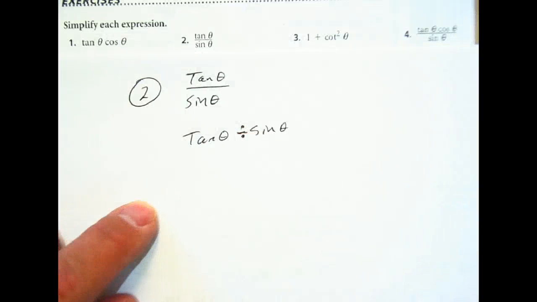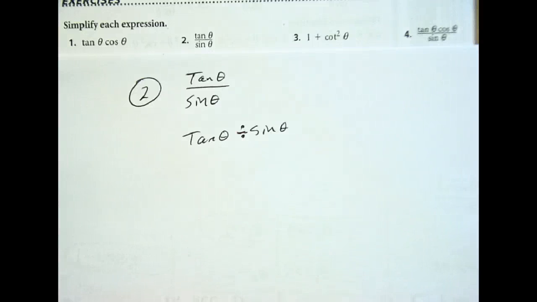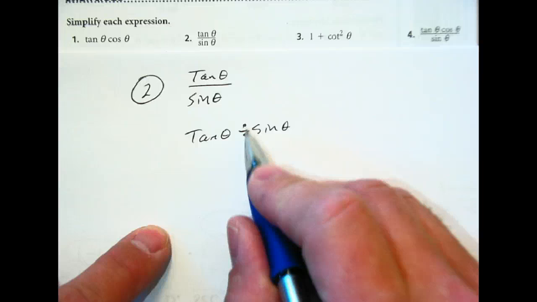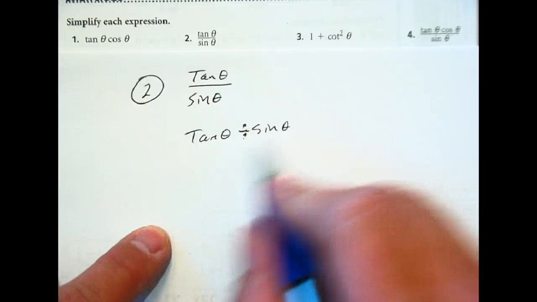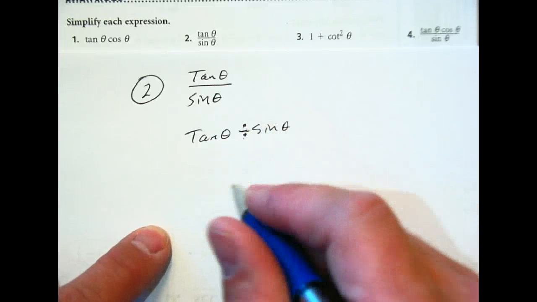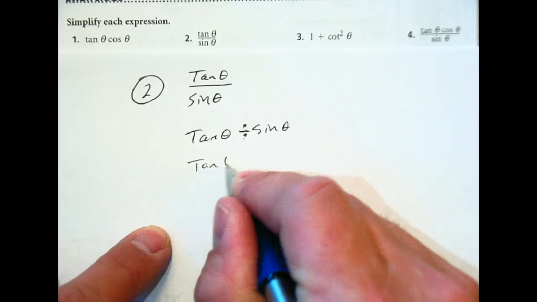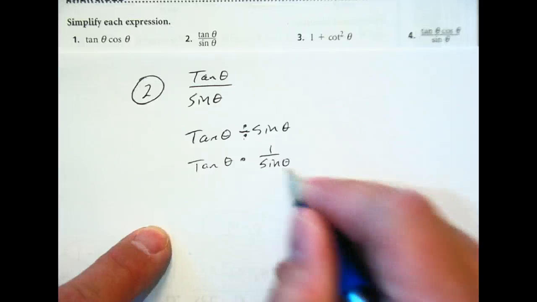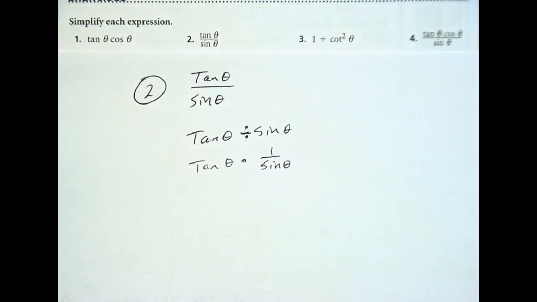Okay? It didn't really get rid of the fraction, just rewrote it. But now we can say, well, we don't divide here. We can multiply by the reciprocal, right? So we can write that as tan theta times 1 over sine theta, which would seem counterproductive, except we know what 1 over sine theta is. What is 1 over sine theta?